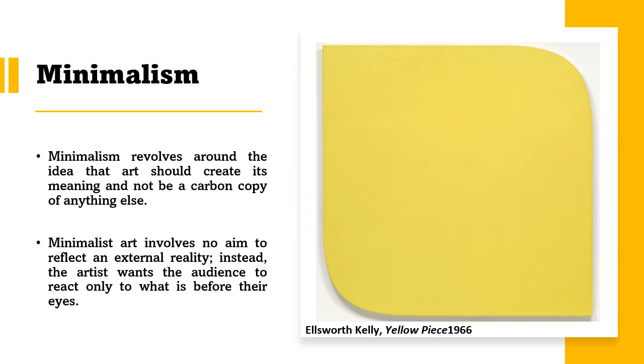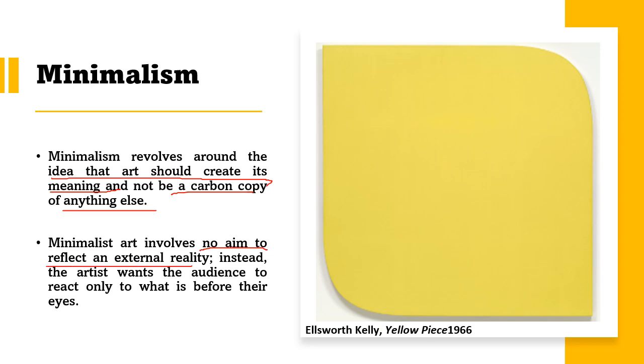So these are the subcategories of abstract art. First, we have minimalism. Minimalism revolves around the idea that art should create its own meaning and not be a carbon copy of anything else. Minimalist art has no aim to reflect an external reality.